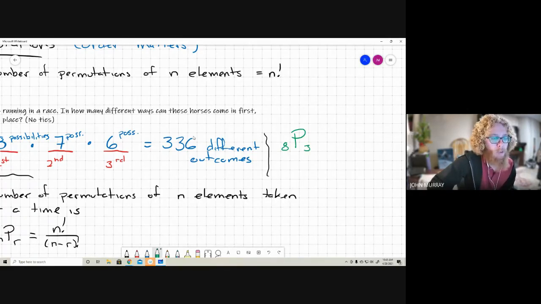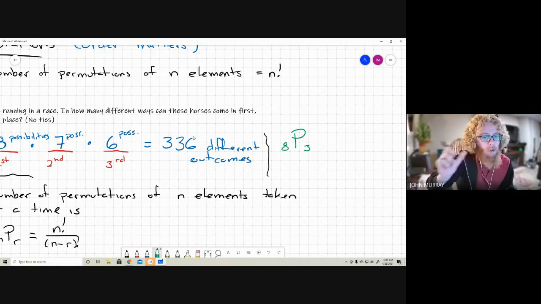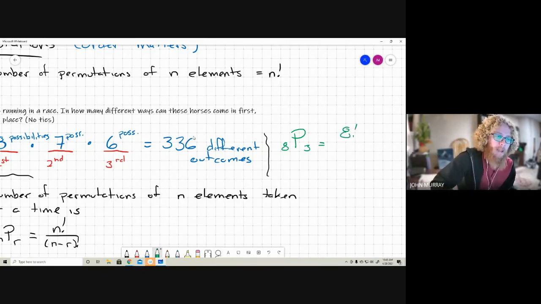So this is going to be 8P3. Our n is the total number of objects that we have, and the r is how many we're focusing on. I only want to know the first 3 places, first, second, and third, so that number is going to be 3. So here we're going to have 8 factorial over 8 minus 3 factorial, which is 8 factorial over 5 factorial.